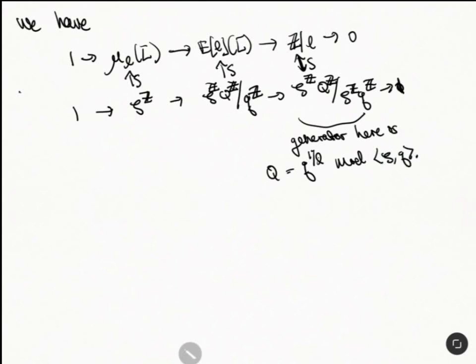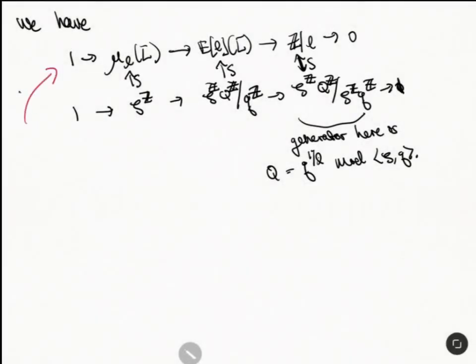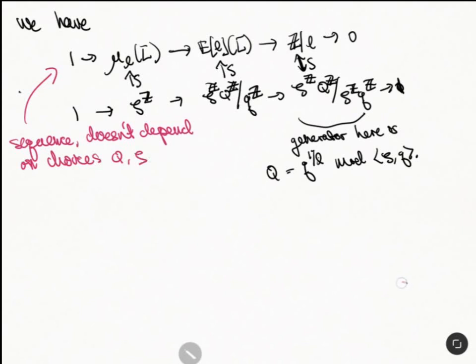Okay, so that's what we have. I wanted to mention that this sequence is canonical, meaning the sequence doesn't depend on the choices q or zeta.